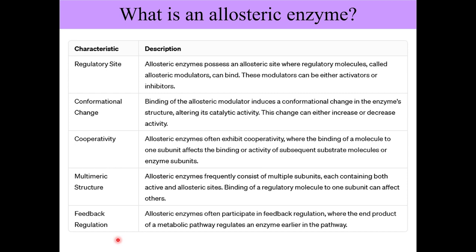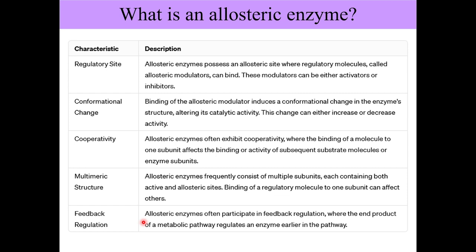Okay. What about feedback regulation? So what happens in case of feedback regulation is, you've understood that these enzymes are very catalytically active. Now the body always has a balance.